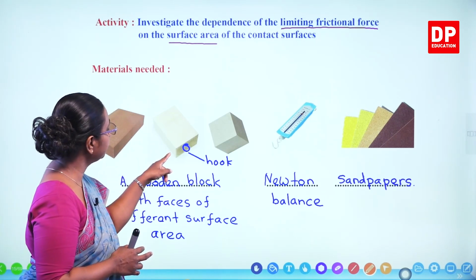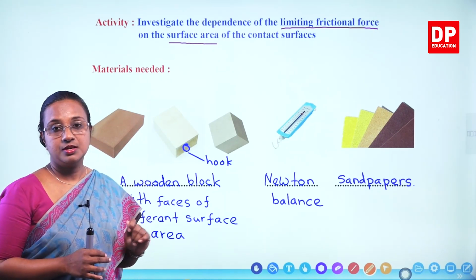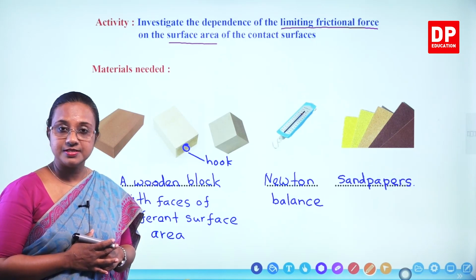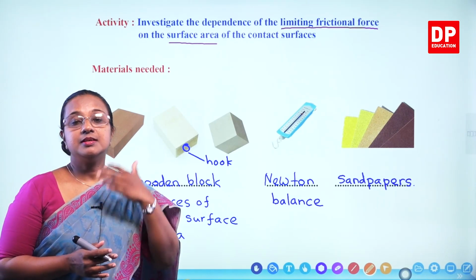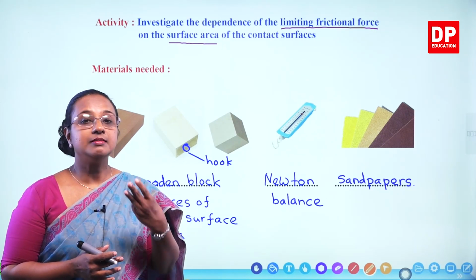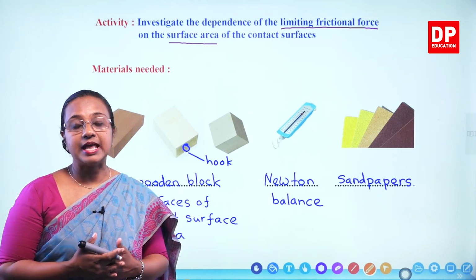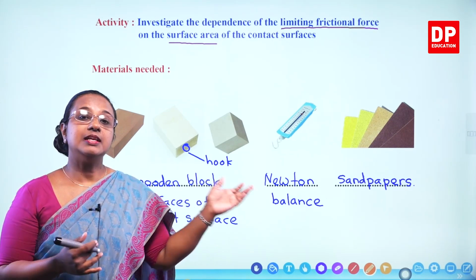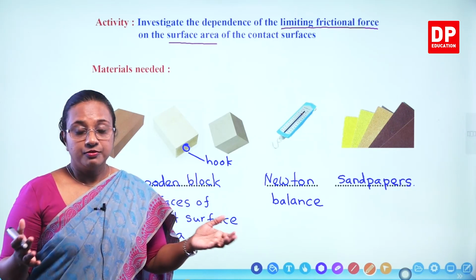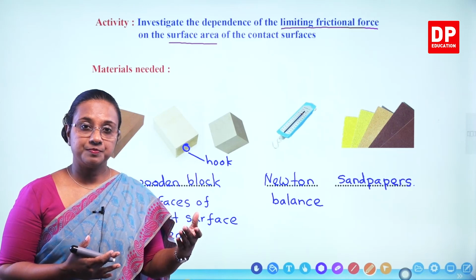So in this cube, you can see there are 3 different faces with 3 different surface areas. So you can repeat the procedure 3 times with the 3 different surface areas of the contact surface and observe whether the limiting frictional force changes or whether it remains the same.